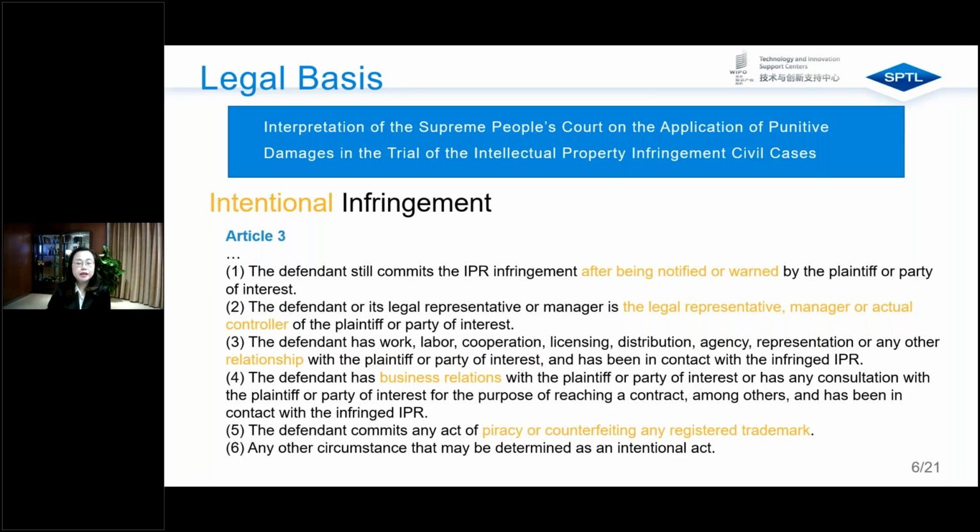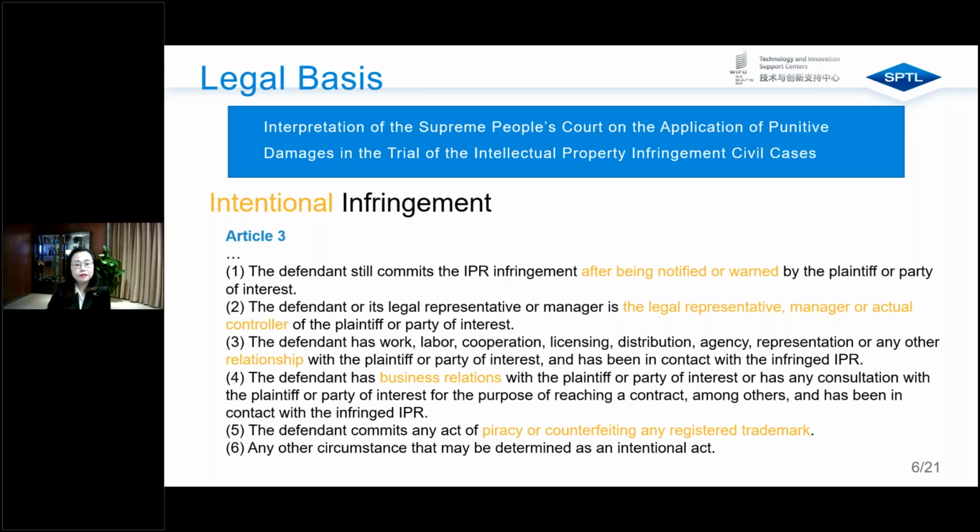The interpretation provides the following situations where intentional infringement shall be determined. 1. The defendant still commits the IPR infringement after being notified or warned by the plaintiff or party of interest. 2. The defendant or its legal representative or manager is the legal representative, manager or actual controller of the plaintiff or party of interest. 3.